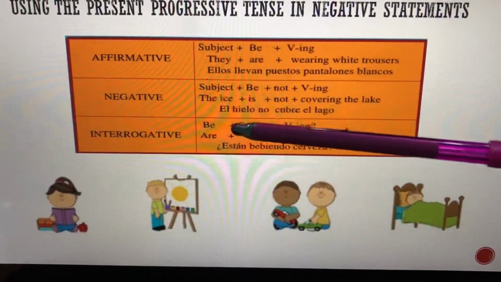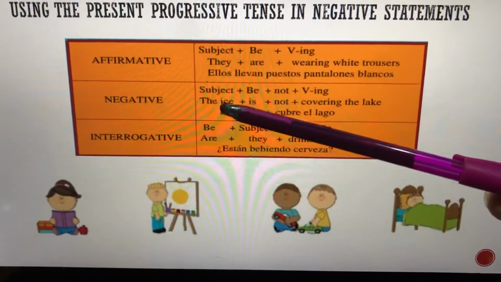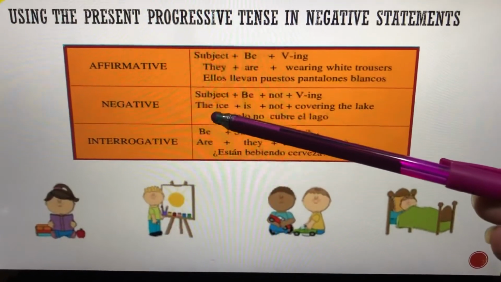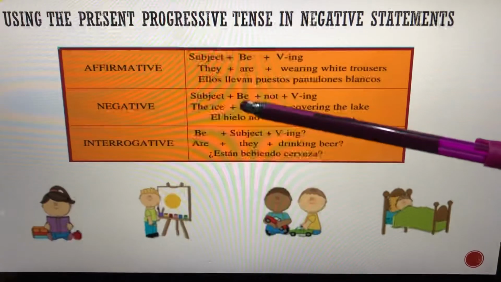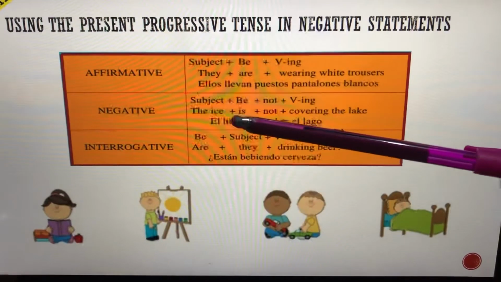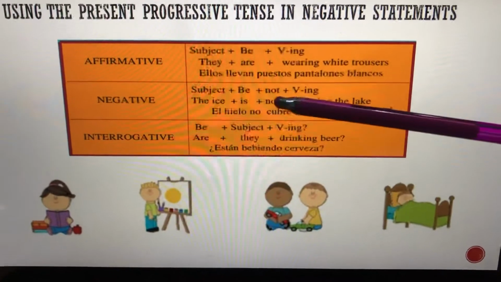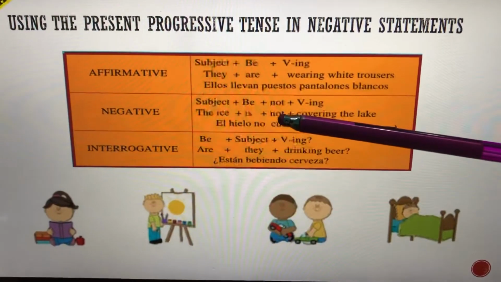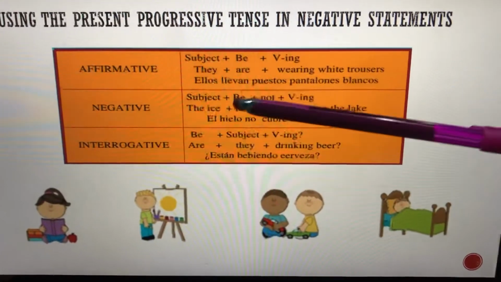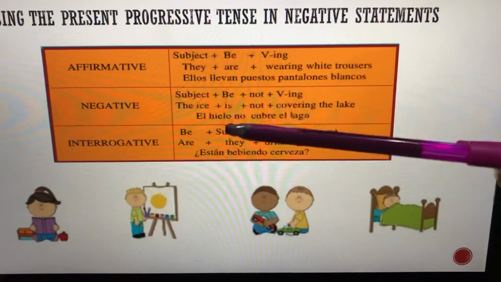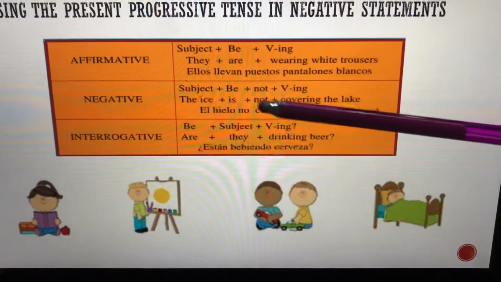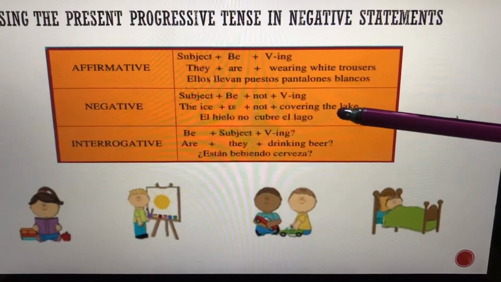We are, for example. In this case, the ice is the subject. The corresponding form for to be is is. When it's the negative form of the sentence, you have to add the word not after the auxiliary to be, right? The ice is not covering the lake.